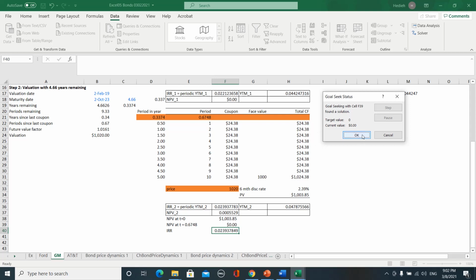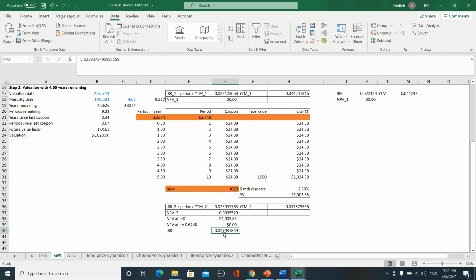So you see that you found 2.39% for your discount rate. This is your internal rate of return of investing in this bond at the time of 0.67 of a 6-month period, right? But I told you that yield to maturity should be reported as an annual percentage rate.